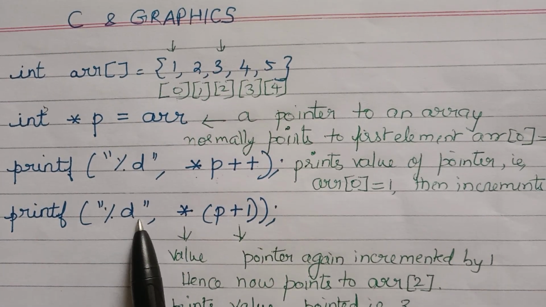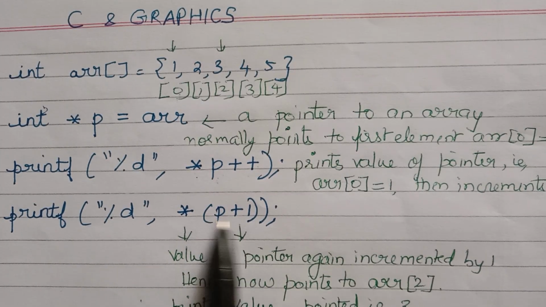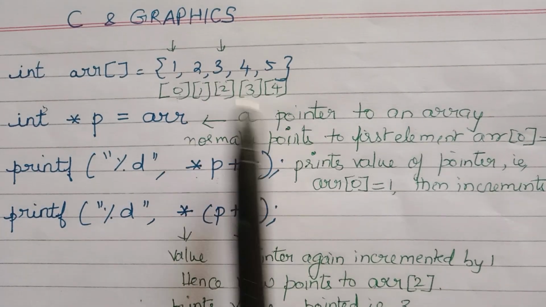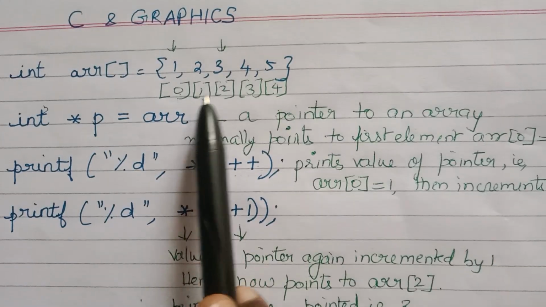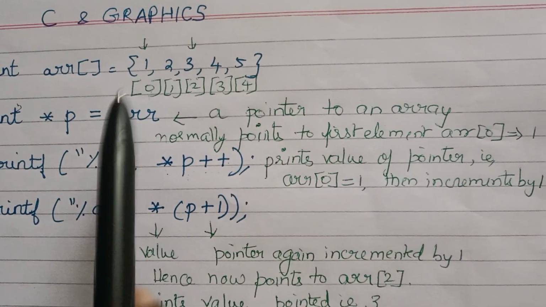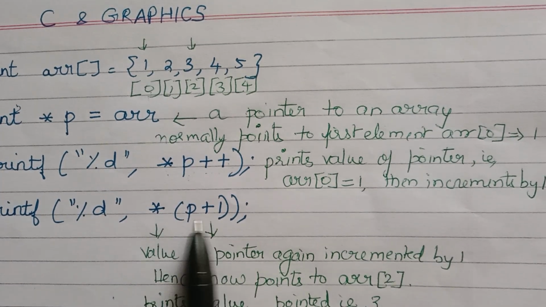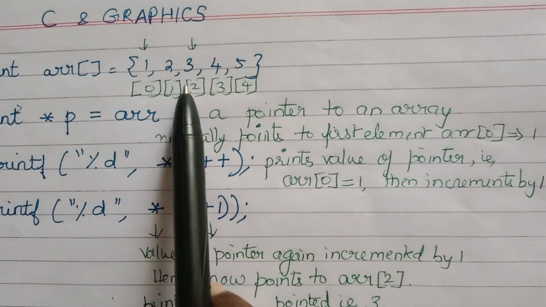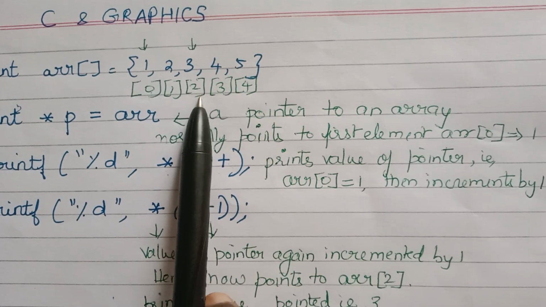Next, in the next printf statement, it is *(p+1). Again you need to compute the address. Here we were at address 0. It has been post-incremented, so it becomes 1, so p will be arr[1]. Next, in this statement, p is incremented by 1 again, so it goes to the next position, arr[2].